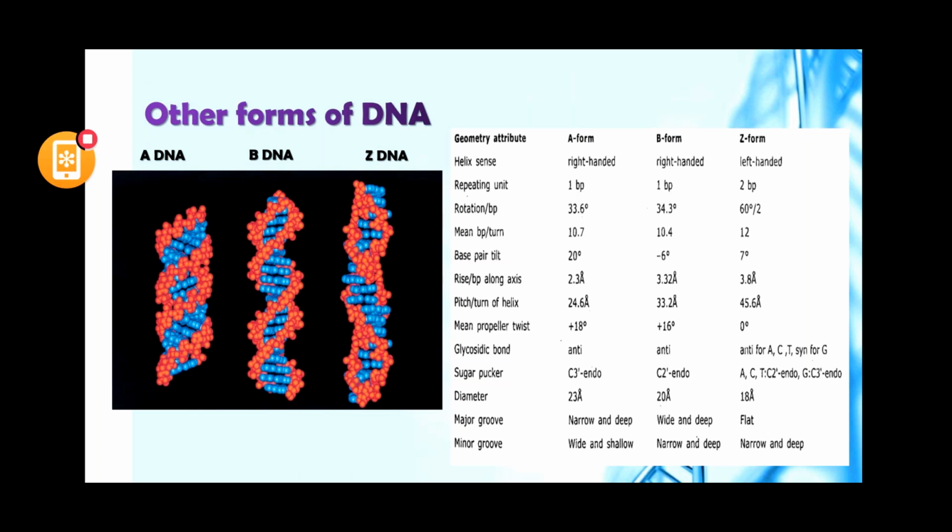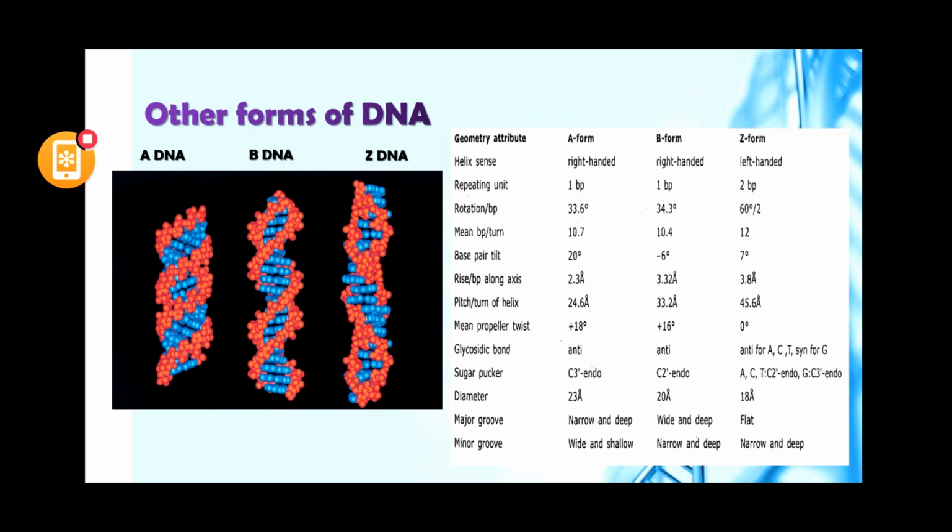If it is on the left side, it is called syn. So the glycosidic bond in the Z form of DNA has an anti conformation for purine, and for pyrimidine it has a syn conformation. Now you can see there are also differences in the sugar puckering.